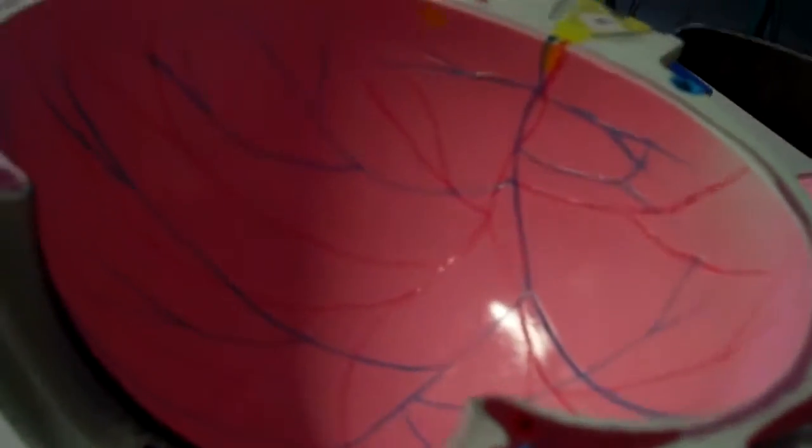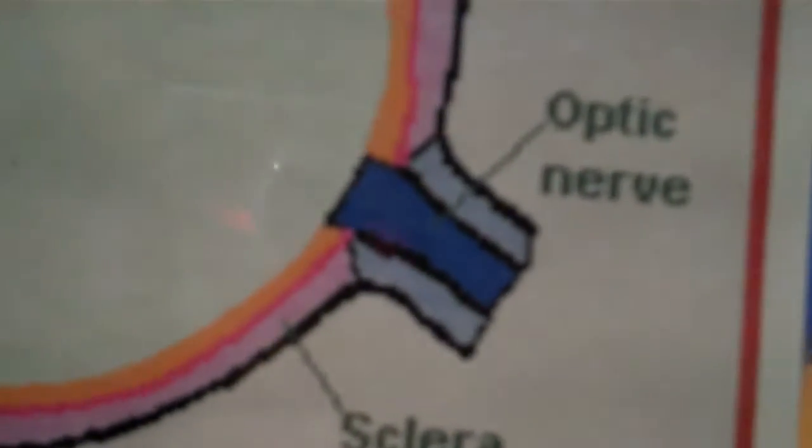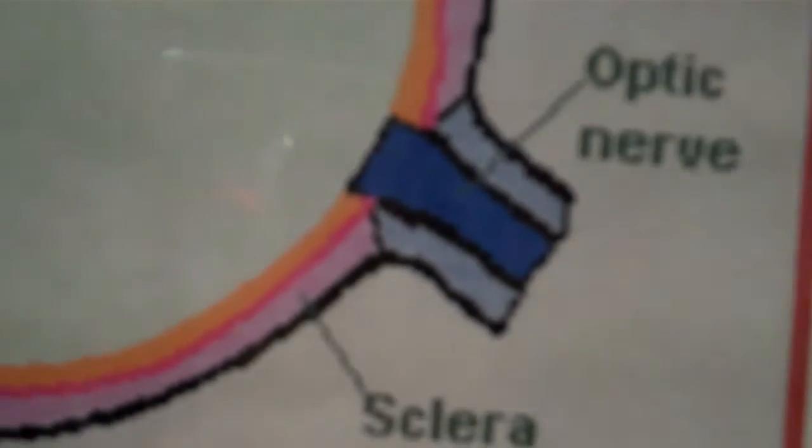And if we have a look at our model here, this is the back of the eye called the retina. So light would come in, lens would be here, and light would be focused.